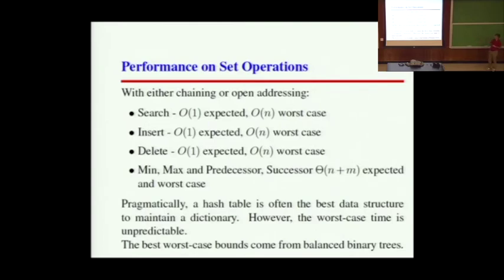But then what am I going to do? To search for something in a hash table, let's say n is on the order of m. The number of items here is about the same size as the number of lists. On average, we would expect there's going to be n over m elements in the ith bucket. That's going to be a short list. If n is approximately equal to m, then this list is going to be small, constant sized.